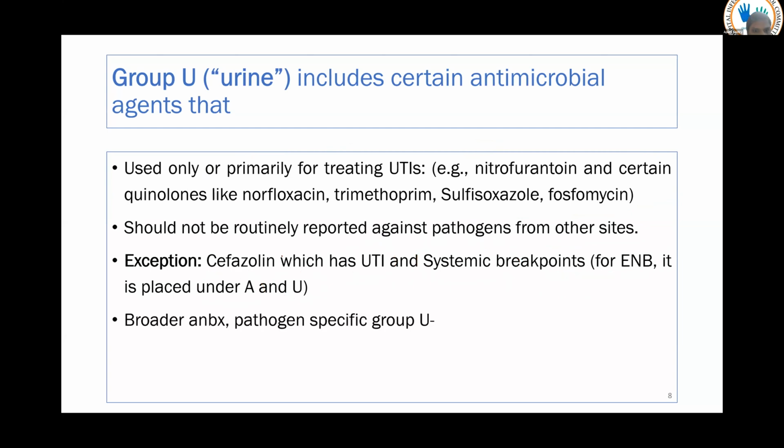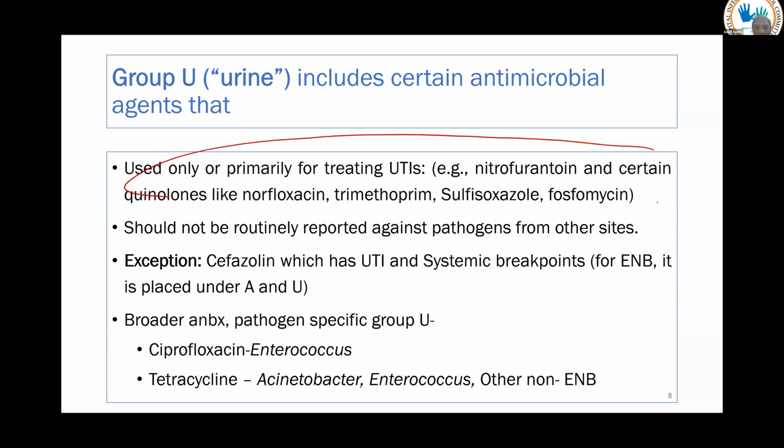There are certain antibiotics which have a broader indication. However, for certain pathogens, they are placed under U. I repeat, nitrofurantoin and norfloxacin, these are the antibiotics I described earlier.